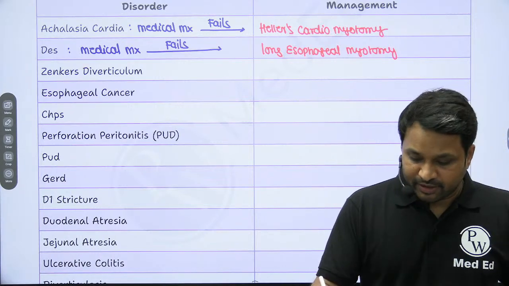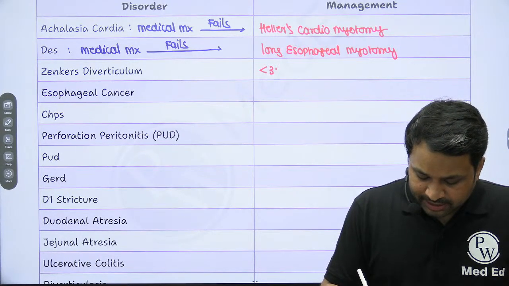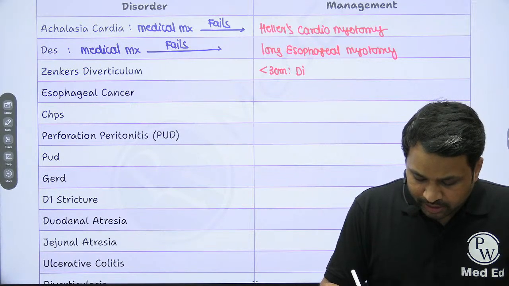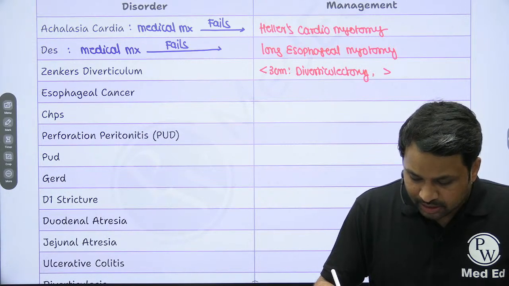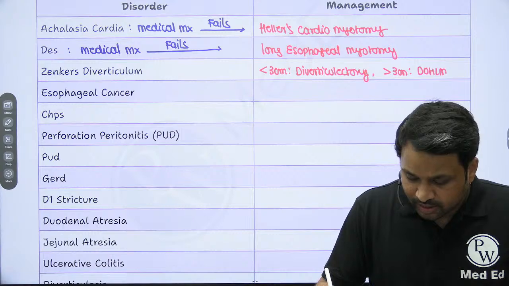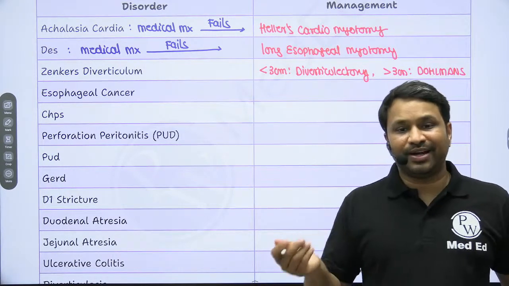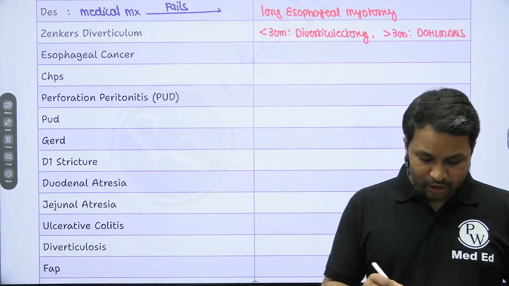For Zenker's diverticulum, we learned yesterday that if the diverticular mouth is less than 3 centimeters, then you go ahead with diverticulectomy. But if it is more than 3 centimeters, then you can go ahead with the endoscopic approach, that is Dohlman's surgery, which divides the septum so that you can cater to the diverticulum. Then you have esophageal cancer.